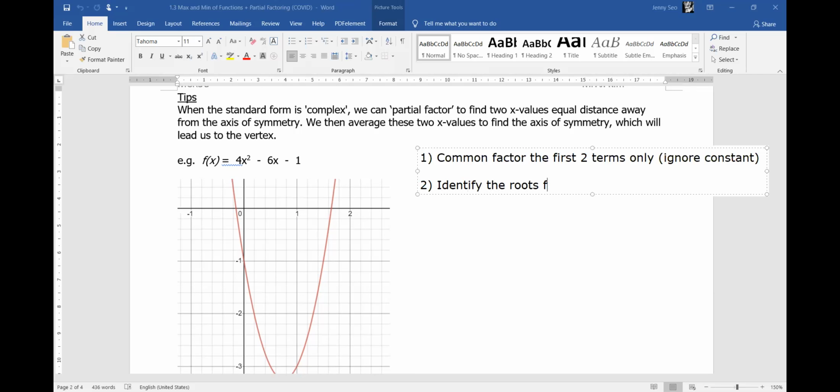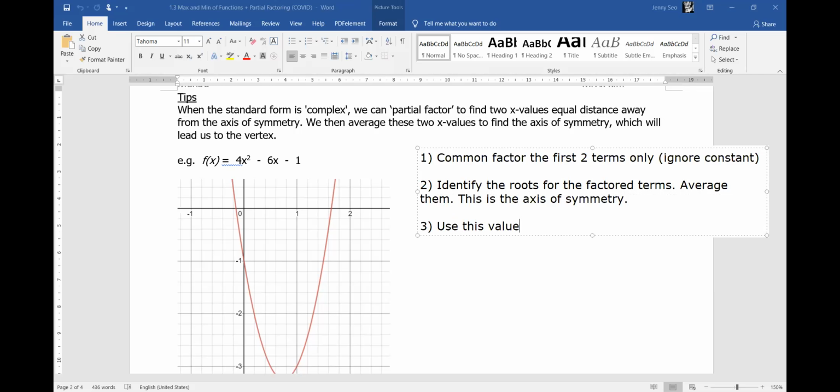Identify the roots for the factored terms. Okay? Average them. This is the axis of symmetry. Step 3. Use this value to calculate the y value of the vertex. That's it.